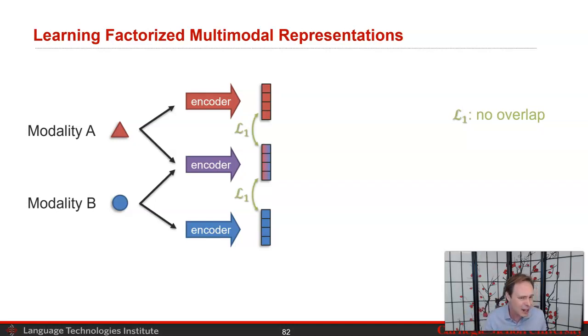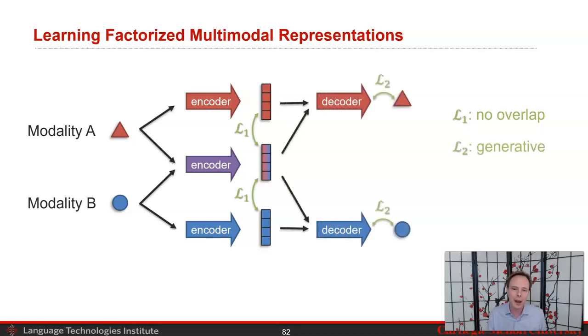But is it enough to really learn this cross-modal interaction, or how much redundancy? So you can always add an autoencoder reconstruction loss to it, sorry.